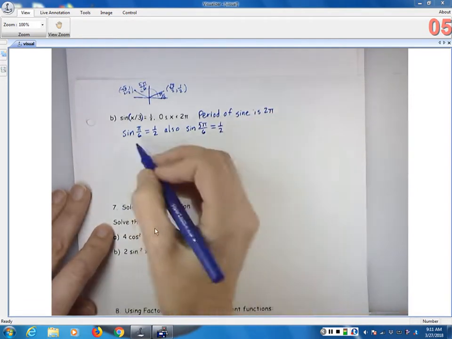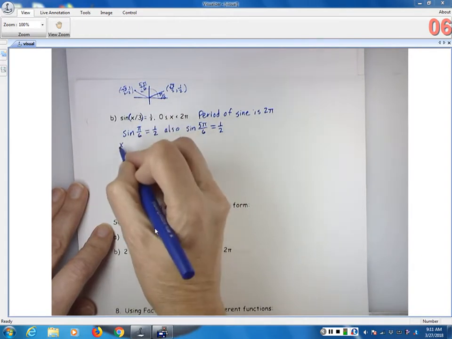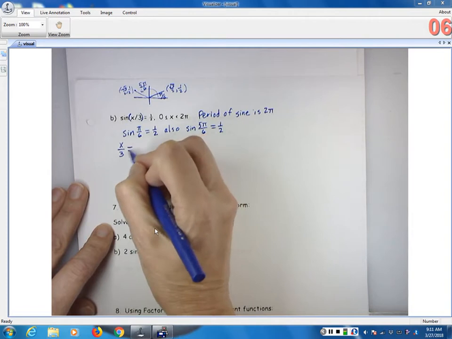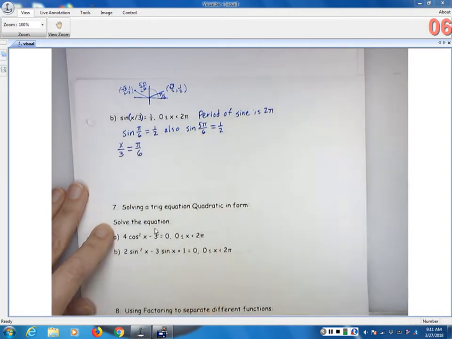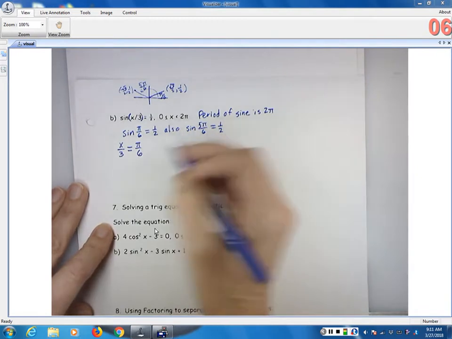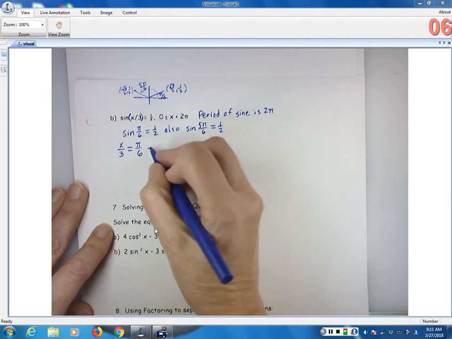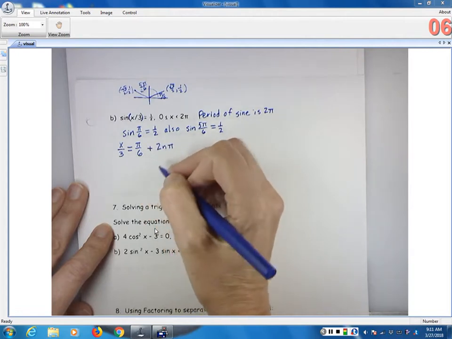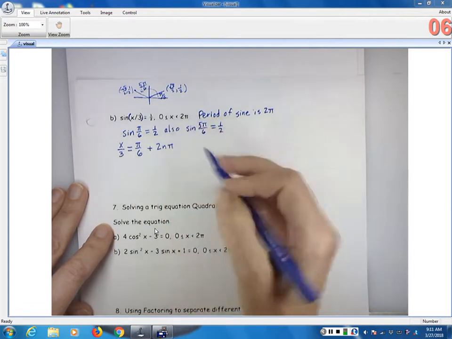So that means the inside of the sine function, x over 3, will equal pi over 6. And then we're going to find multiple solutions. And the period is 2 pi, so it's going to be plus 2n pi. But we're not going to leave it like that. We're going to have to plug in, in a minute.